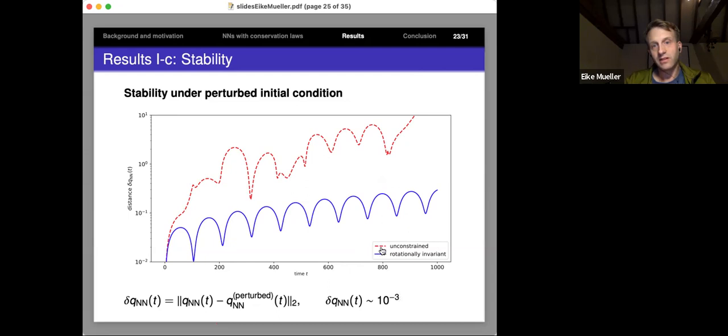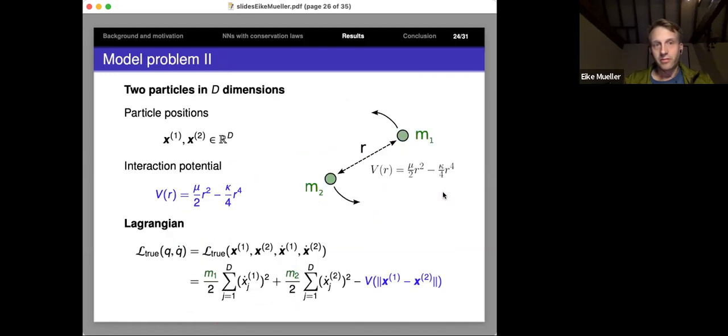What you see is that for the unconstrained neural network, this grows and becomes larger than 1 after a certain time. For the rotationally invariant neural network, this growth is much weaker, so you deviate by much less as time increases. Okay, so this was the first model problem.